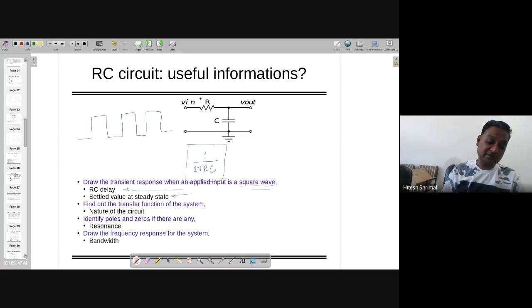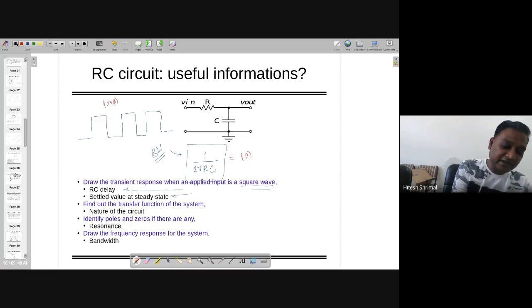But this information is enough for me to know that this is the bandwidth. So I should not apply any input which is beyond the bandwidth. So this is the information I'm getting. If you are applying, what is going to happen? Let's say this bandwidth is 1 mega and I'm applying 100 mega of input. So then what is going to happen? Let's assume that here it's 1 mega.